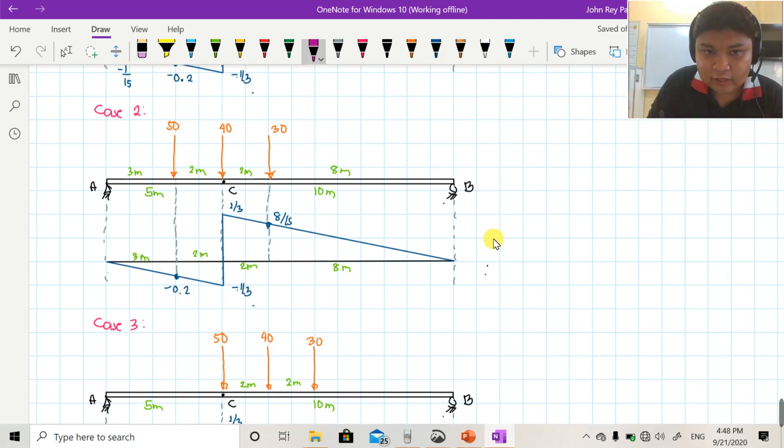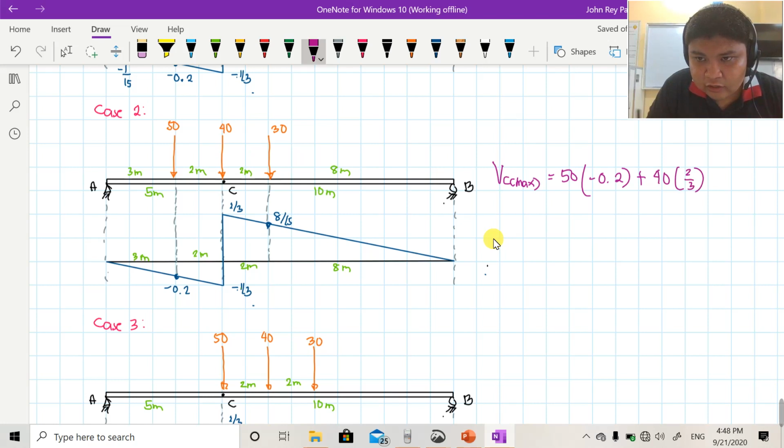So therefore, computein agad natin. So the computation will be VC max is equal to 50. However, this will be negative 0.2 plus 40, piliin mo yung 2 thirds, and plus 30, piliin mo yung 8 over 15 class.